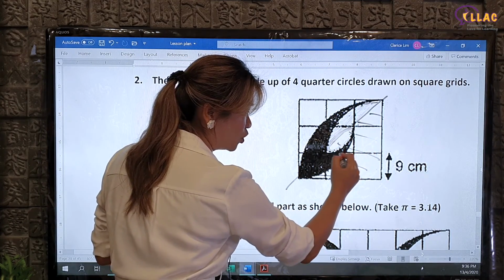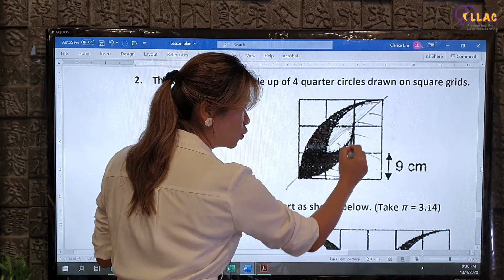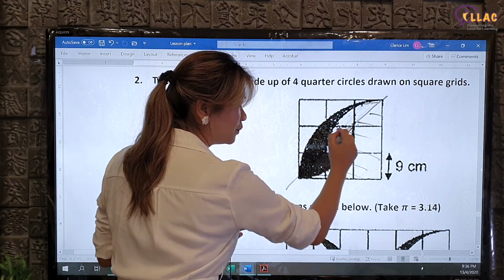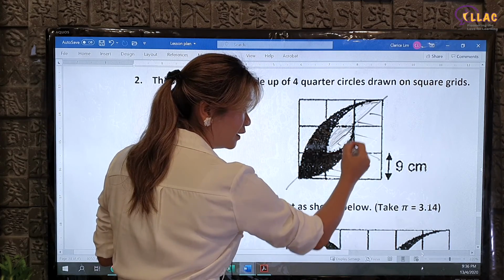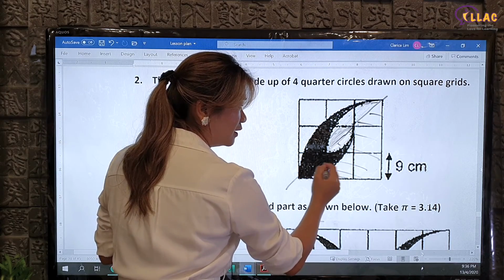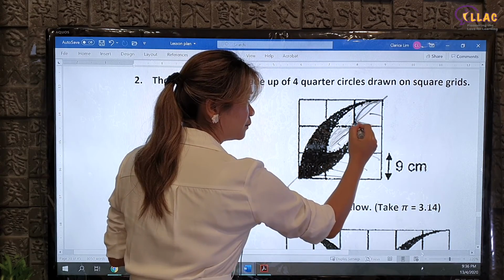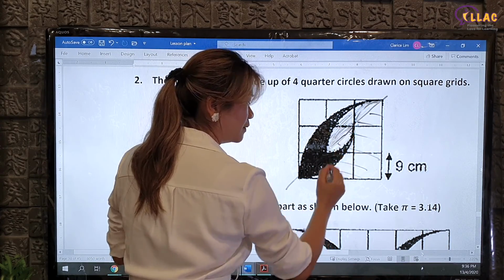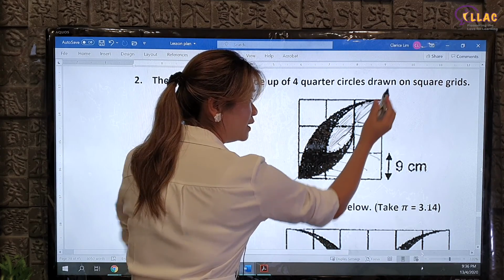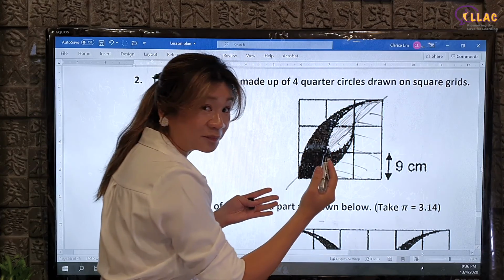This is another quadrant. If you can see, this is another quadrant. So all you need to do is minus away the triangle. You will get this empty part. Okay? So which means if this black part goes here, and we minus away this whole, wouldn't that be the area of the whole thing?